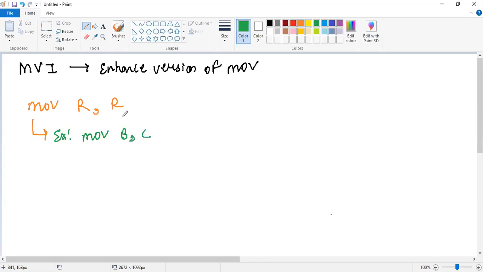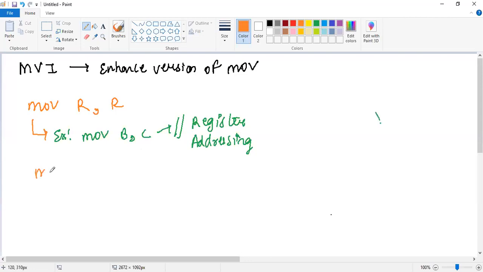So we are moving the content of C into B. This one is your register addressing mode, because our data is present in C. C is a register, right? So this is your register addressing mode.